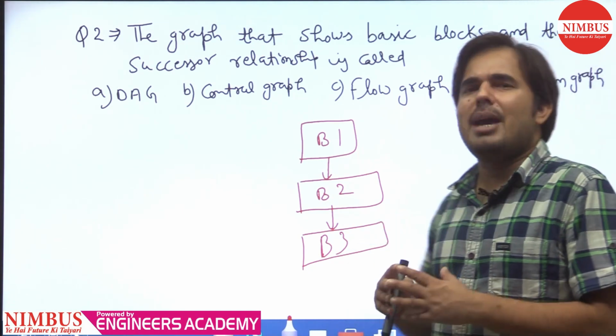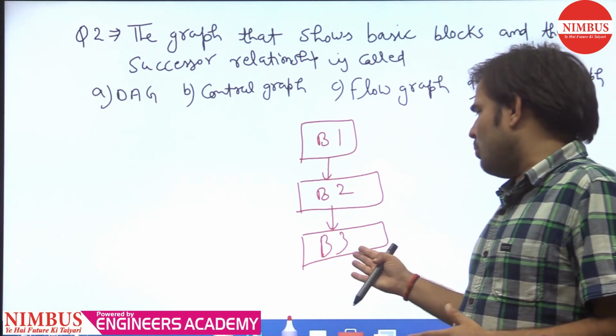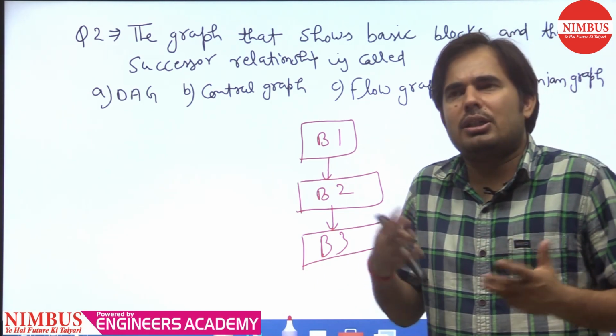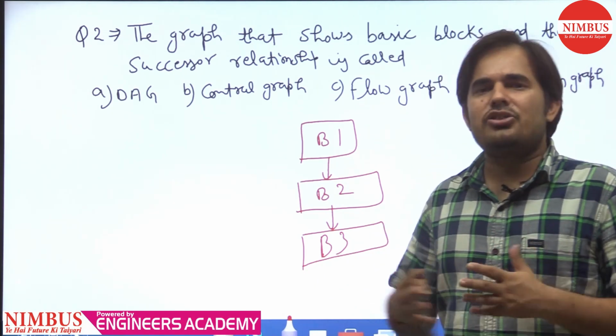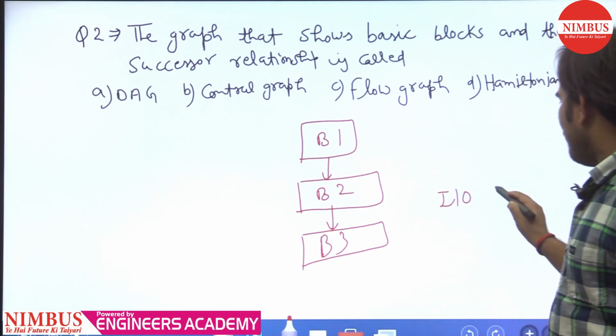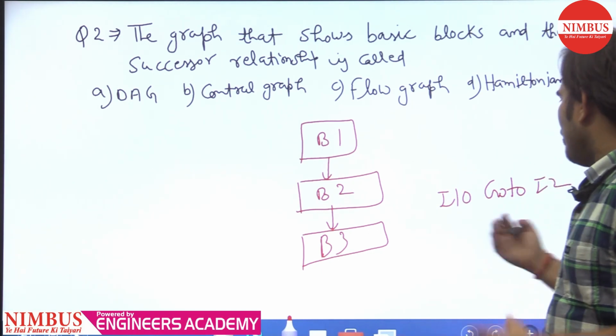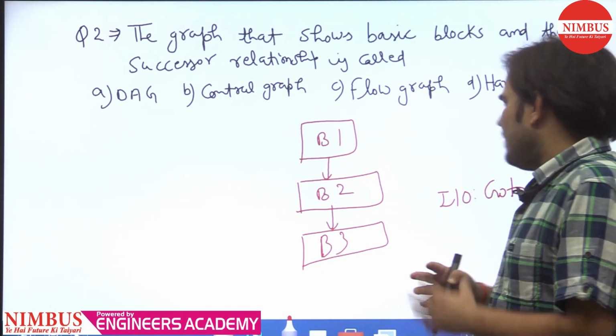Suppose in B3 we have that type of control information, means suppose in B3 we have the instruction I10, and at instruction I10 we have a go to statement. Go to I2.